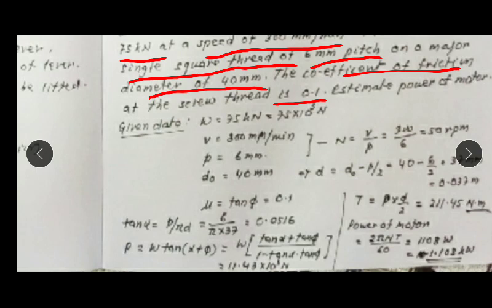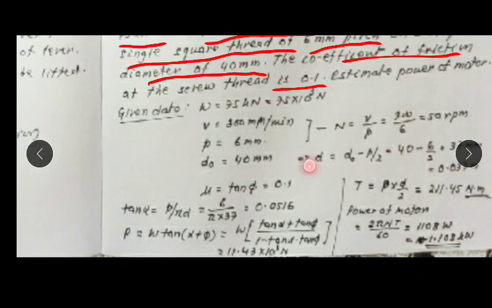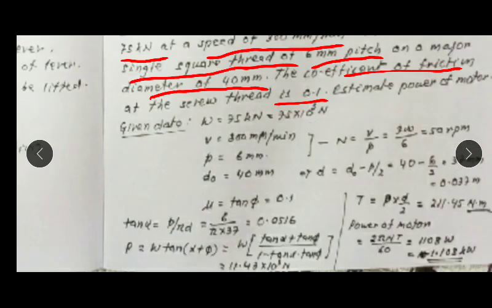Then what is the frictional torque required to operate the screw jack? By using the relation T equal to P into d by 2, where P is the force required and this is our final answer. Also given that coefficient of friction mu equal to tan phi, which is equal to 0.1. We should calculate tan alpha equal to P by pi d. Because it is a single threaded screw, tan alpha equal to P by pi d.